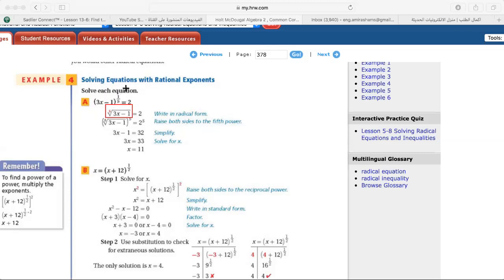I have an exponent in fraction form, so I take the denominator of the fraction of the exponent and write it as the index of the radical. Then I start to do all the steps that we learned from the beginning of this lesson.